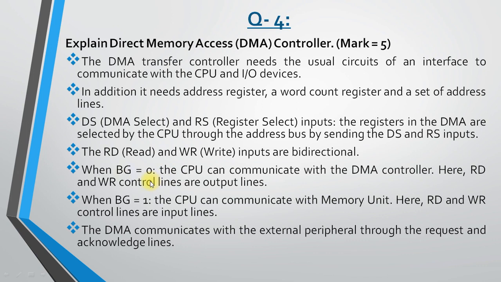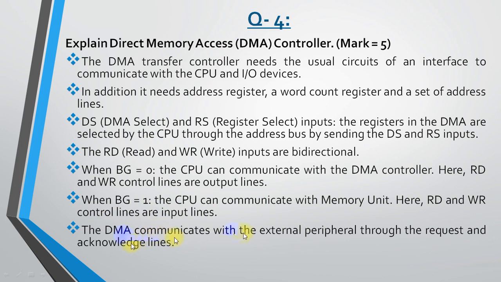Remember one thing: when bus grant equals 0 and the CPU communicates with the DMA controller, my RD and WR control lines behave as output lines. Similarly, if BG equals 1, the CPU can communicate with the memory unit, and in those cases RD and WR control lines are considered input lines.